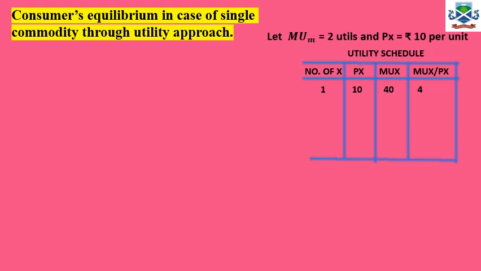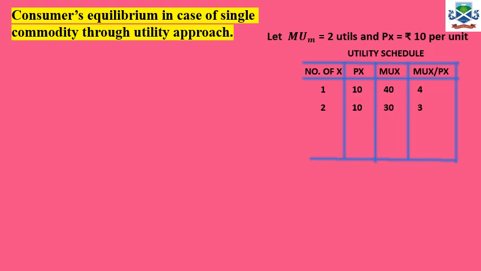Now for the second unit, PX remains constant at 10 rupees. MUX, since it is following the law of diminishing marginal utility, decreases to 30, and if you divide 30 by 10, you will get 3 as MUX by PX.